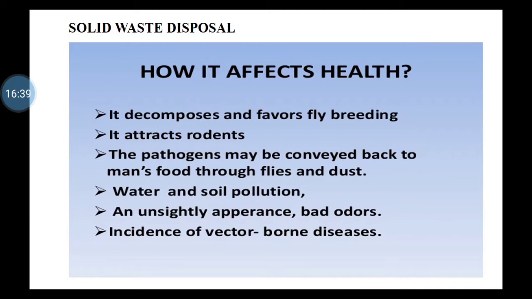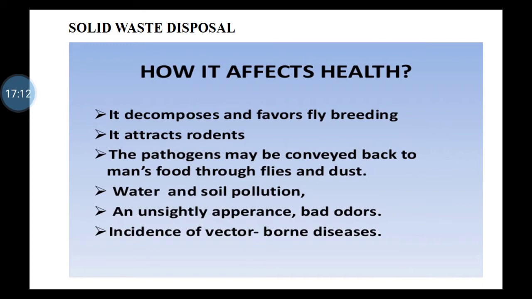And in the rainy season also you will find that there is a fly breeding season. It attracts rodents, so rats and mice. Then pathogens may be conveyed back to man's food through flies and dust. So by mechanical transmission, our food may get contaminated by these flies and dust. Water gets polluted, soil gets polluted.